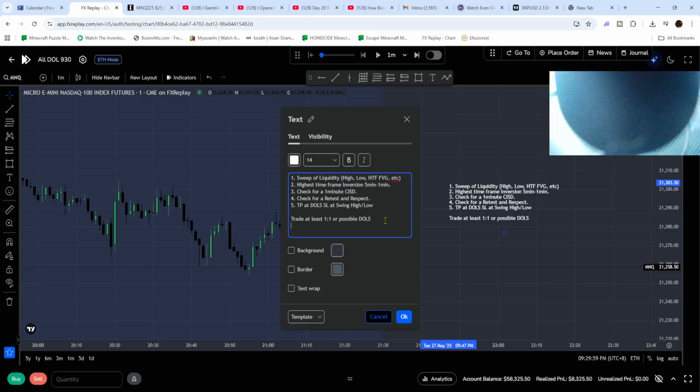Okay, if there is no DOL, take a 1 to 1. If there are DOLs, guaranteed take them. Be it lower than a 1 to 1, just take it.